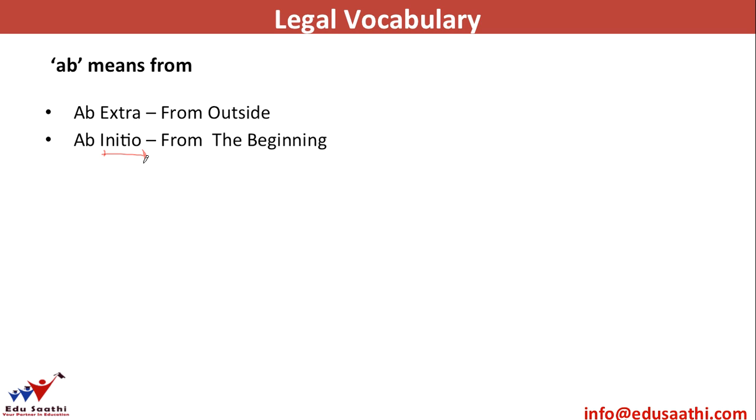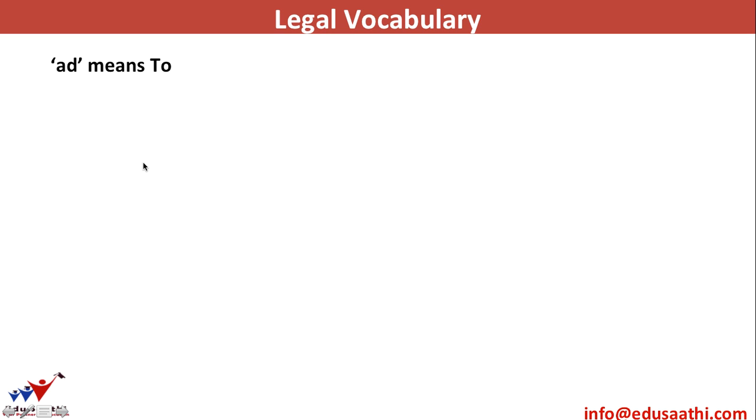It cannot be enforced. Why? Because the agreement is void ab initio means that it cannot be enforced because it has certain fatal errors, which do not let it be enforced. Right? So ab initio means from the beginning.